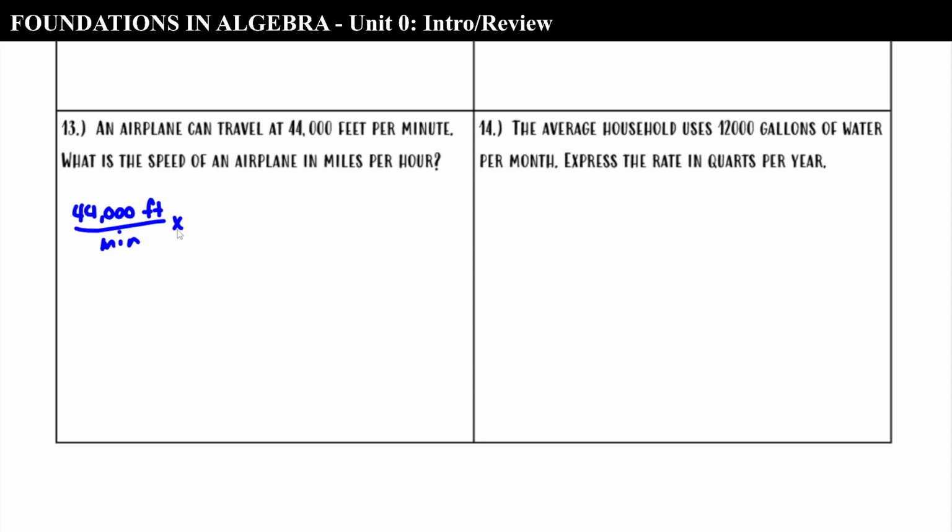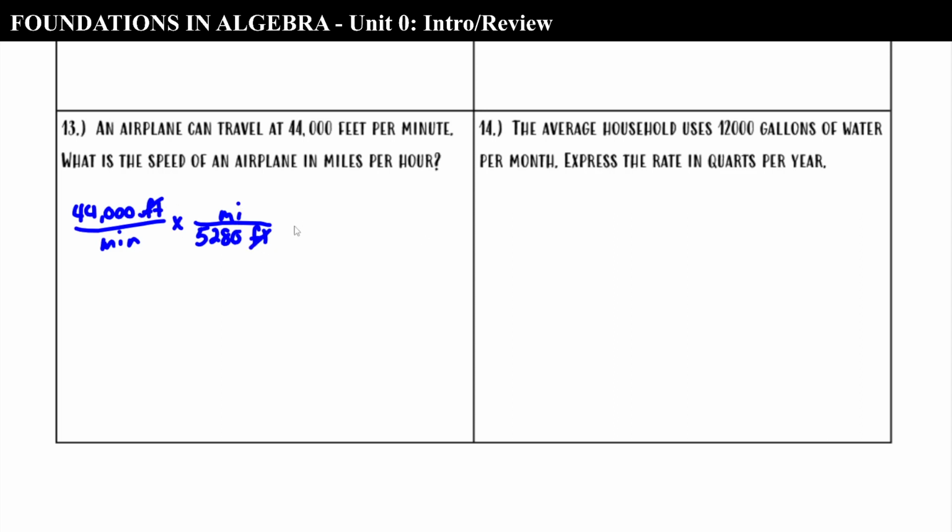So we're doing our distance first, into miles. 1 mile is 5280 feet. So now we have miles, and feet are gone.